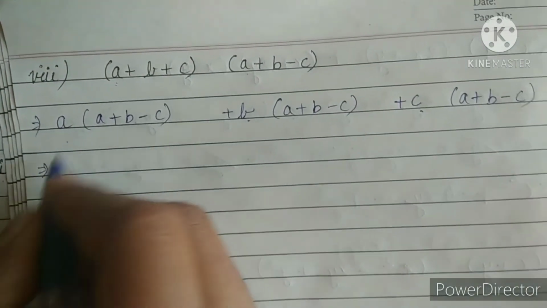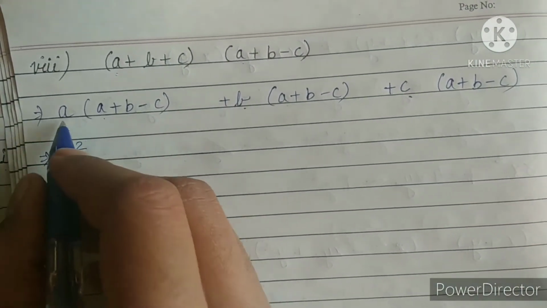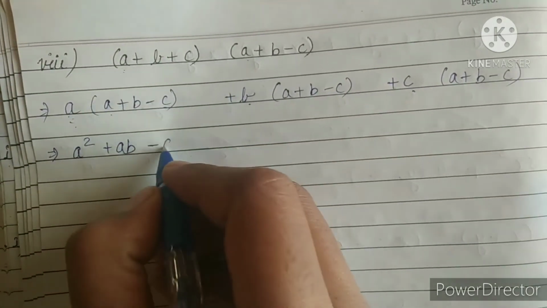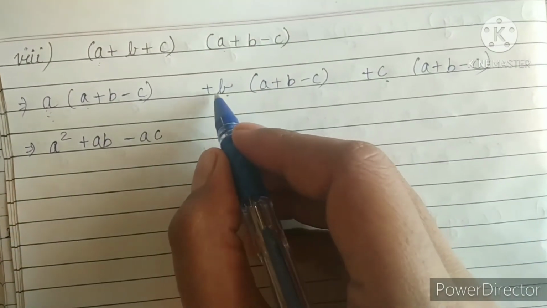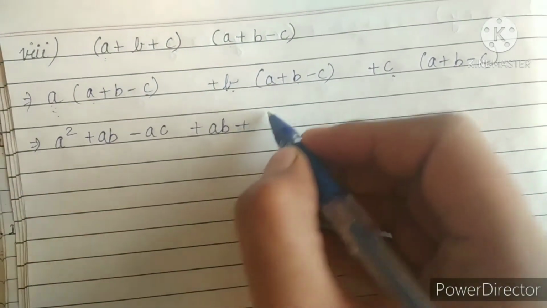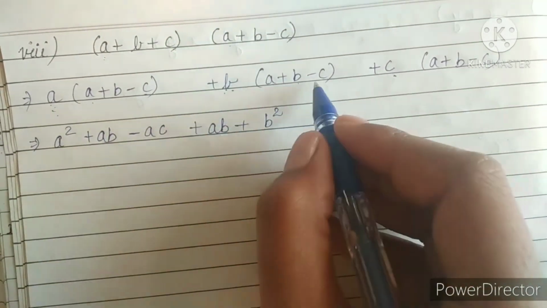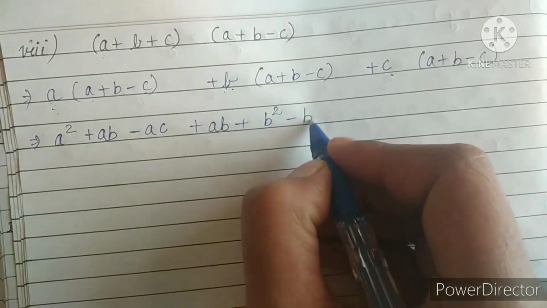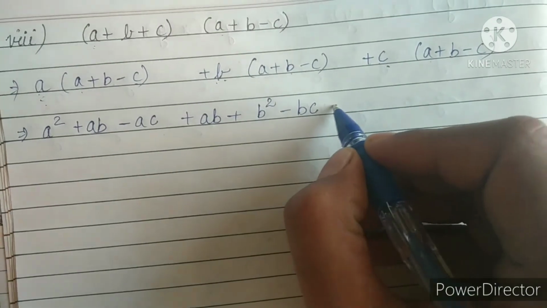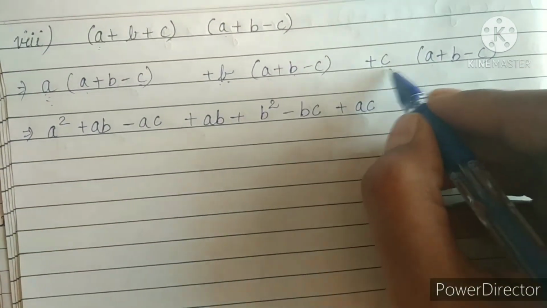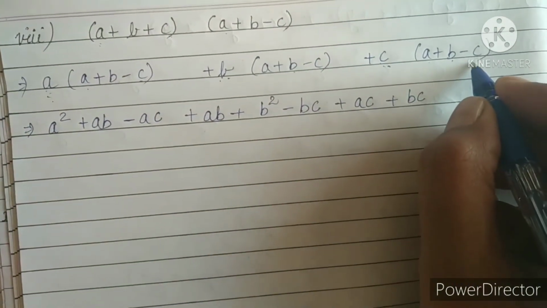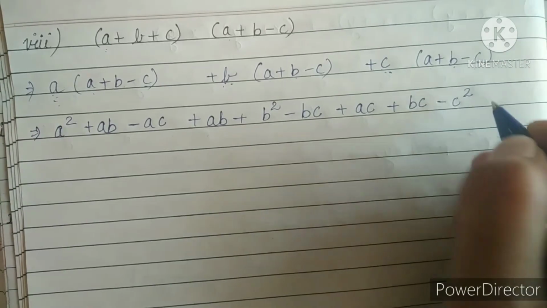Now a into a is a square, a into b is ab, a into minus c is minus ac. Now b into a is ab, b into b is b square, b into minus c is minus bc. Now c into a is ac, c into b is bc, c into minus c is minus c square.